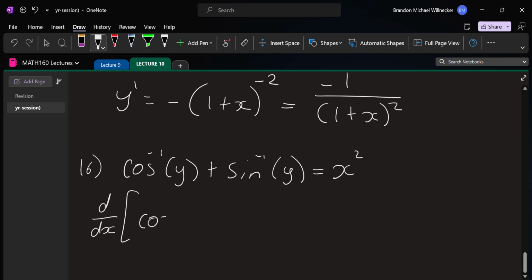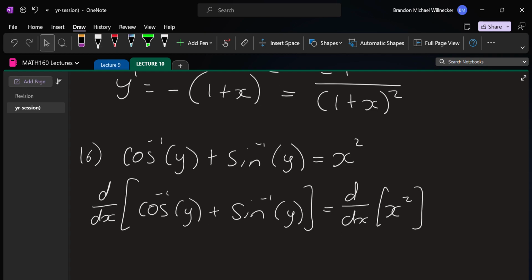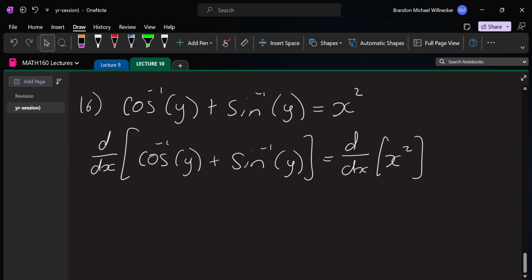So we know that we're going to have to use implicit differentiation. So we take d by dx on both sides. So that's d by dx of cos inverse y plus sine inverse y, and on the other side, we get d by dx of x squared.